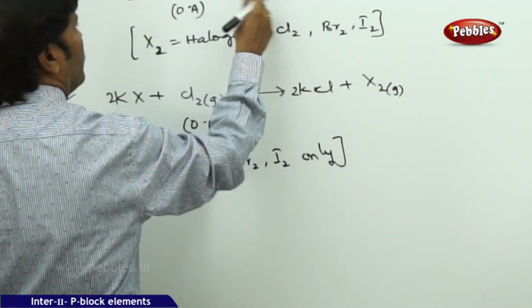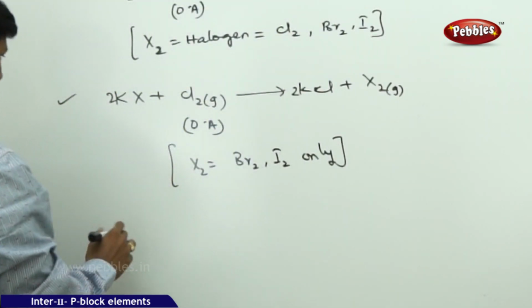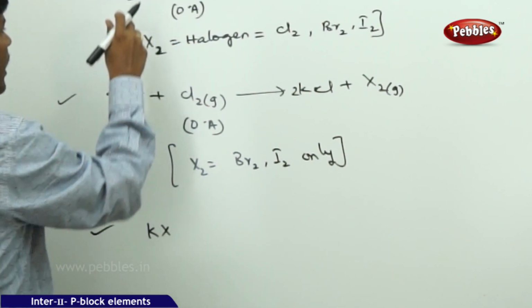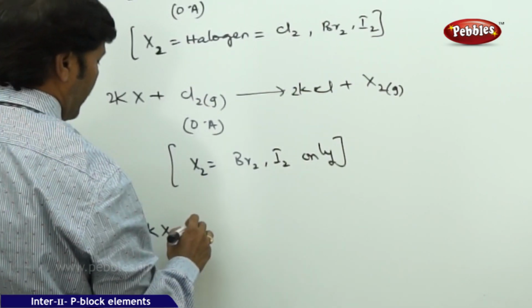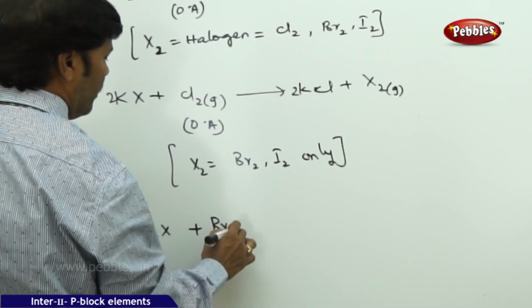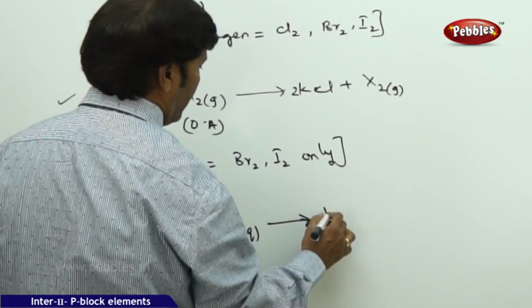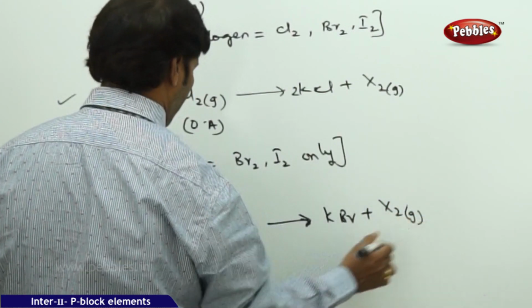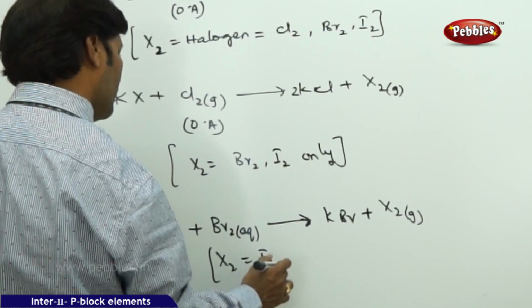And the last one: KX is nothing but potassium halide. Take this potassium halide and treat it with aqueous bromine, then you find KBr plus X2 gas, where X2 is iodine only.